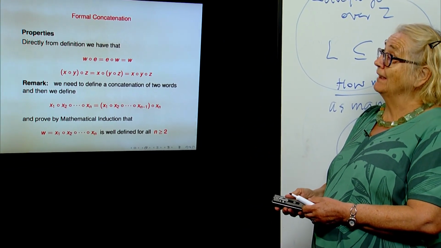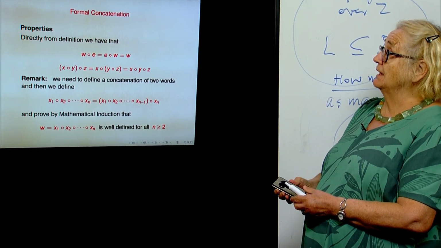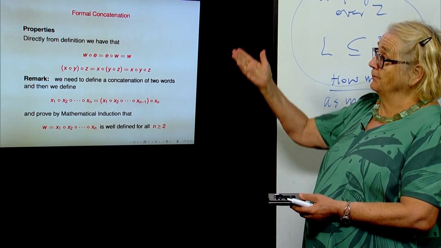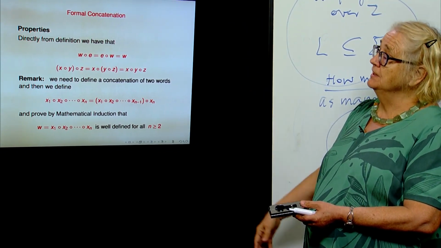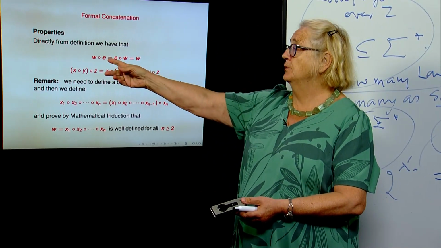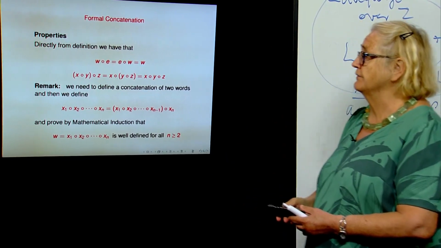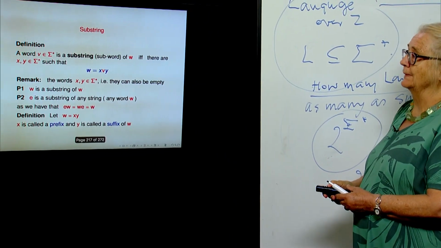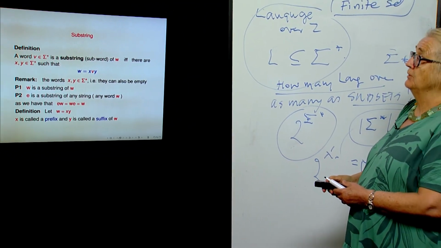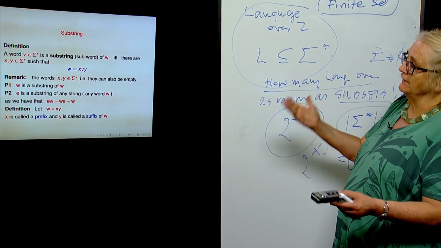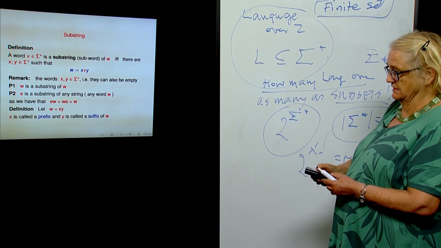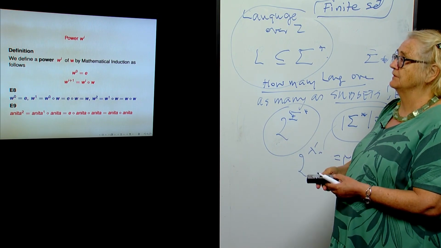And now we have the properties of concatenation: if you concatenate the empty word on any side, you get the word back, and concatenation is associative. We prove it by mathematical induction. And then we can define substring, prefix, suffix, and so on by the definition.